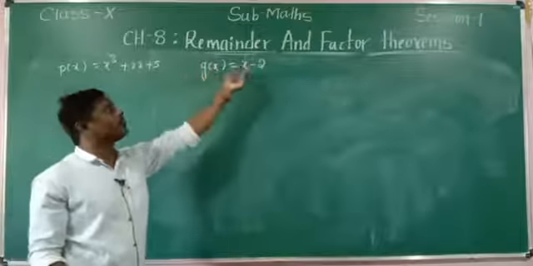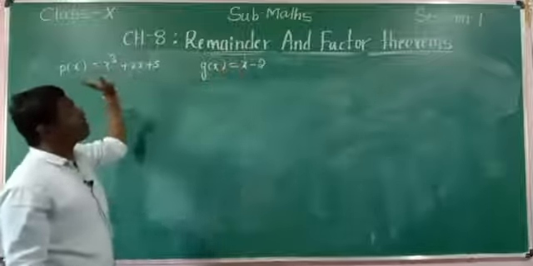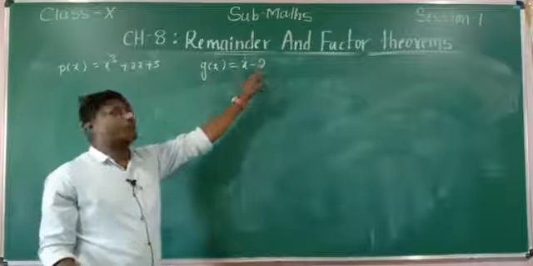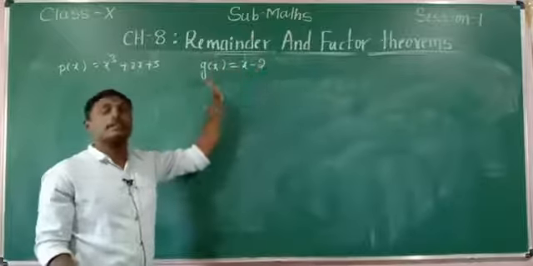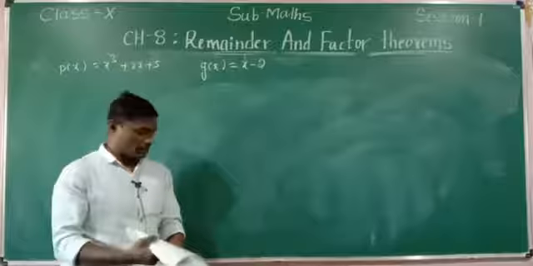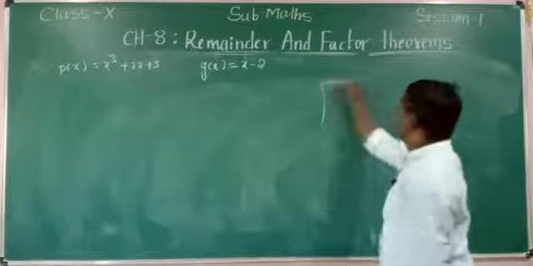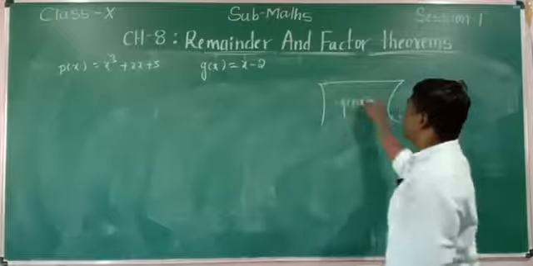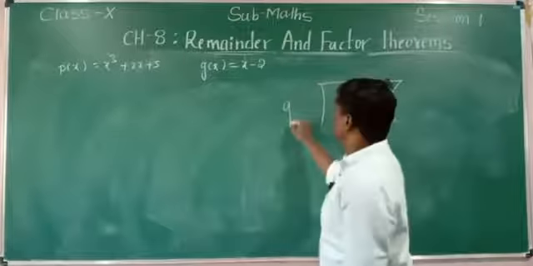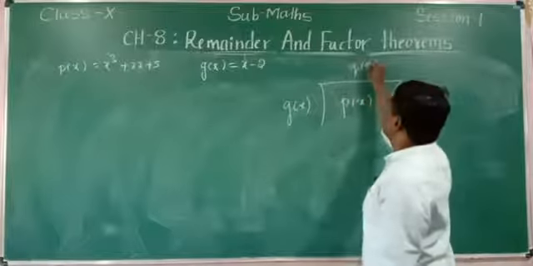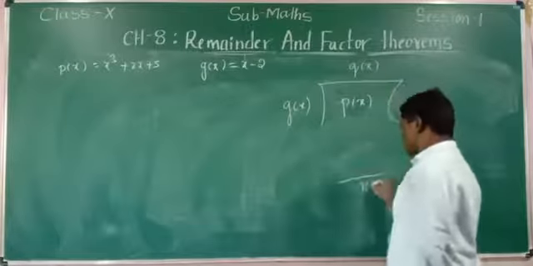Okay, so don't get confused here. One expression is given, and you need to divide it by x minus 2. That x minus 2 they are considering as g of x. Symbolically, in the remainder theorem, this is p of x, this one is g of x, q of x and r of x.